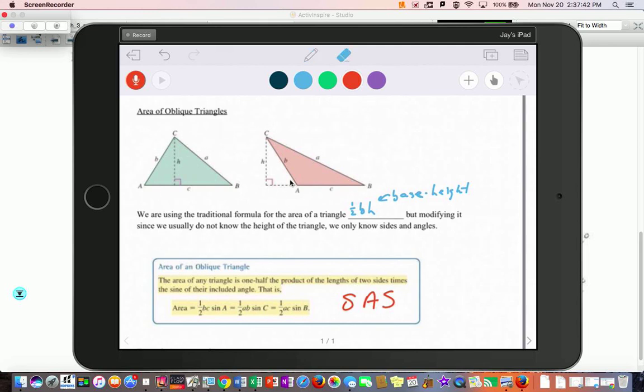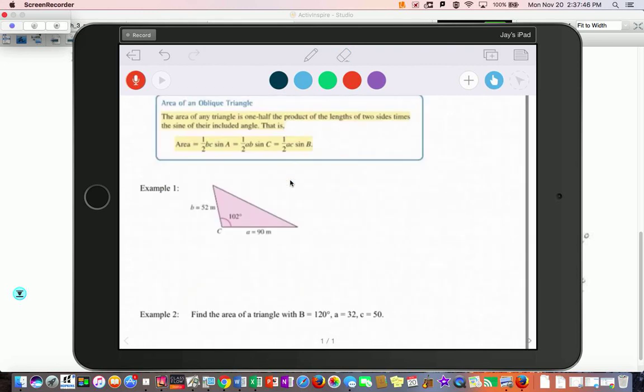So for instance, when I look at this triangle, I have a side, an angle, and a side. I can immediately go to the oblique triangle formula by doing area equals 1/2 times 52 times 90 times the sine of that included angle of 102. I don't have to worry about trying to drop an altitude down or anything.